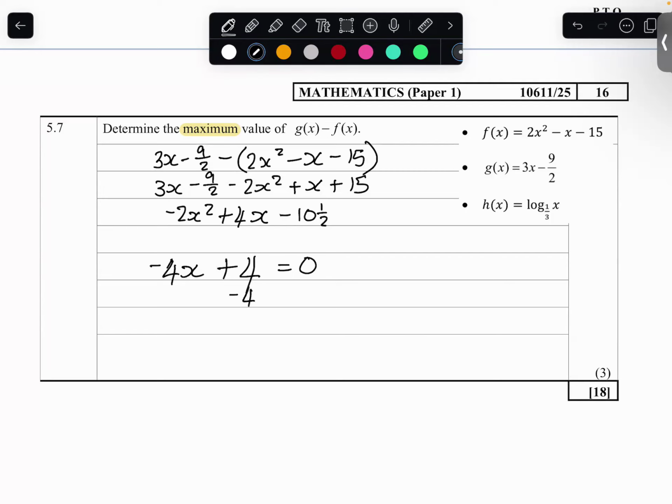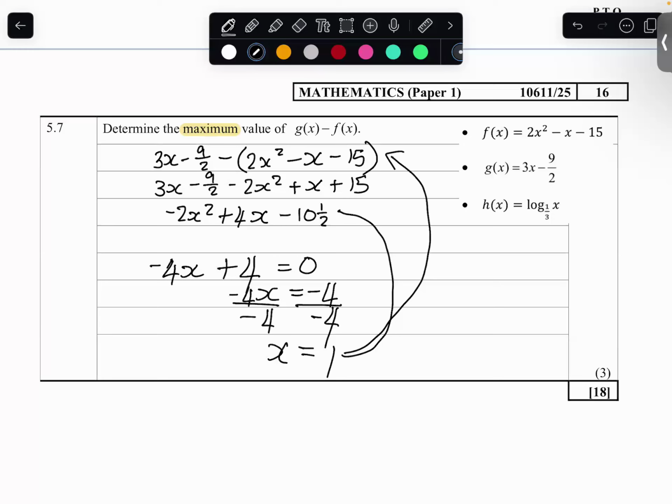And then solve for x. So you have minus 4x is equal to minus 4. Divide both sides by minus 4. It's going to give you x is equal to 1. Then you take this and you sub back into the equation of that last step where you couldn't simplify any further. Not sub back into the derivative, that's wrong. Sub back into the original.